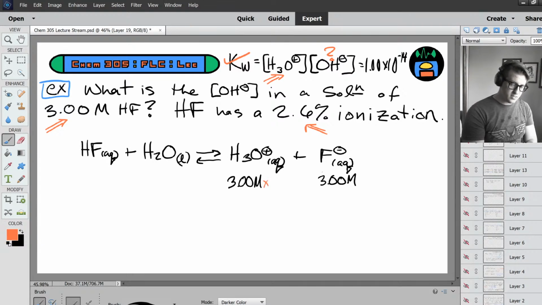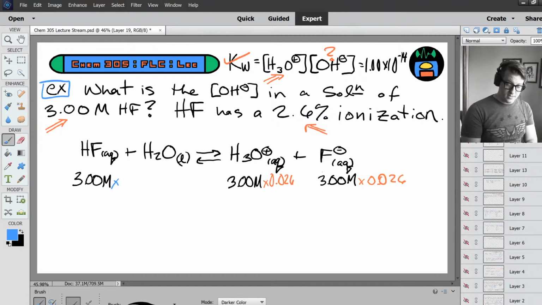times the percent ionization. The concentration of HF is going to be equal to that initial molarity times the difference in the percent ionization at 100%.